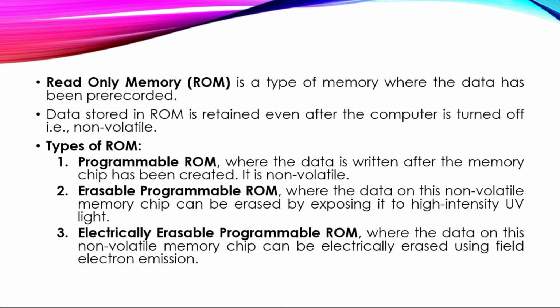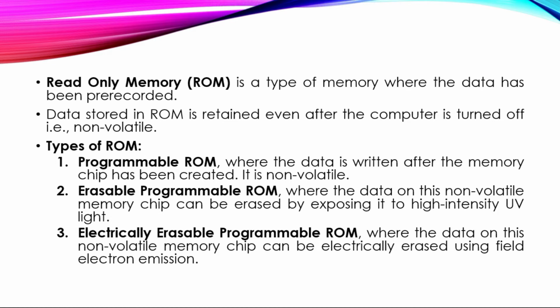And the last is electrically erasable programmable ROM, that is EEPROM, where the data on this non-volatile memory chip can be electrically erased using field electron emission. Okay, यहाँ पे अगर हमें data erase करना है तो हम electrically data erase कर सकते हैं by some process. That process is called field electron emission.